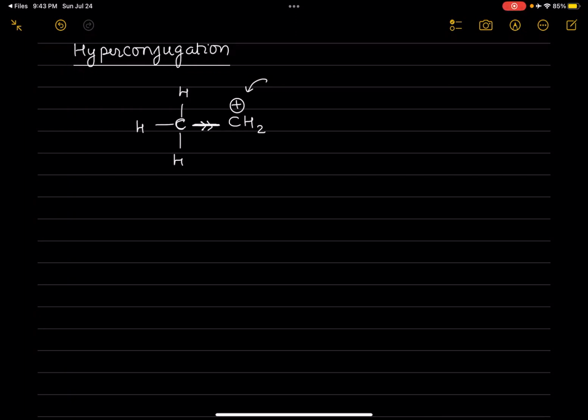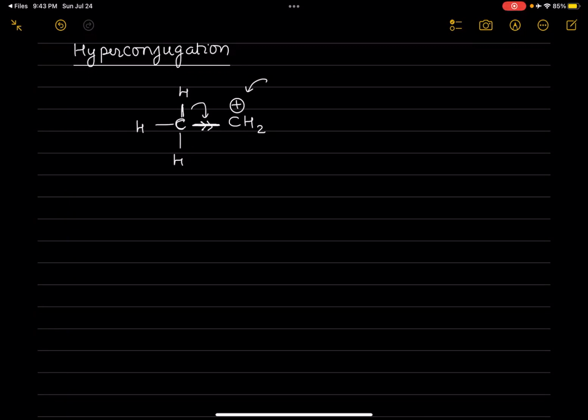In the same way, hyperconjugation takes place. In hyperconjugation, the electrons of the sigma C-H bond get delocalized with an adjacent cation, alkene or p orbital.